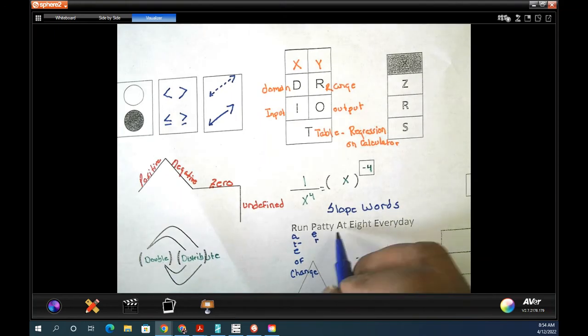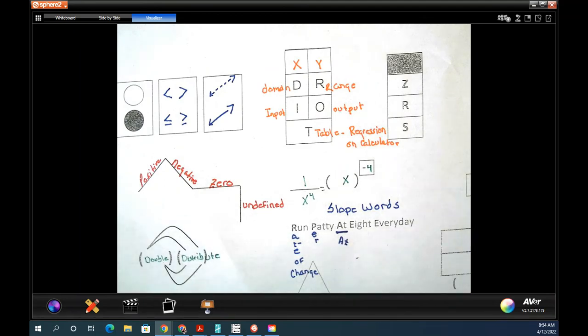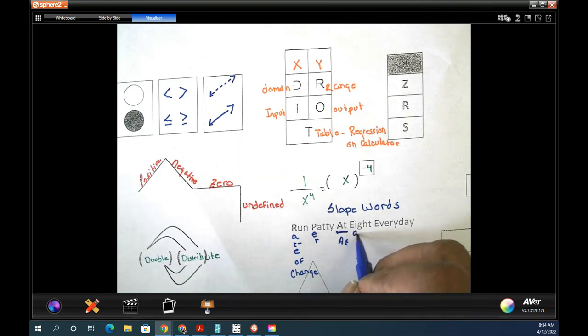At, underline it, and just go ahead and write at. That's a slope word. Each and every.